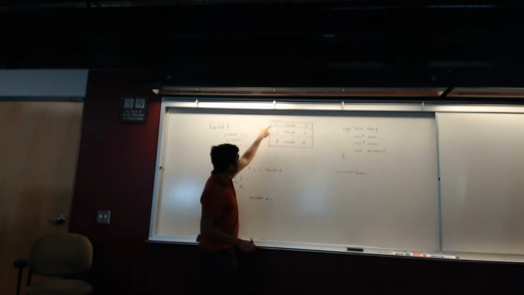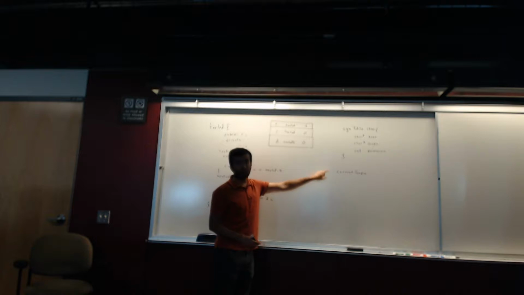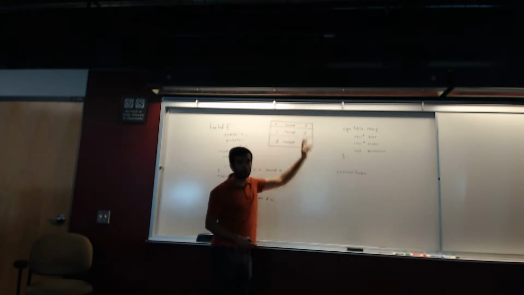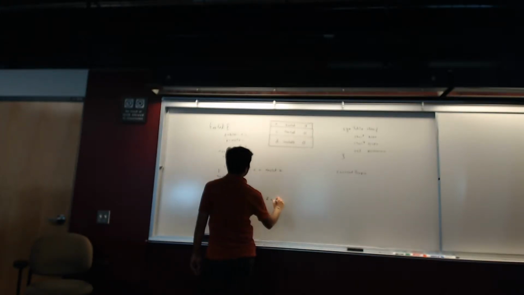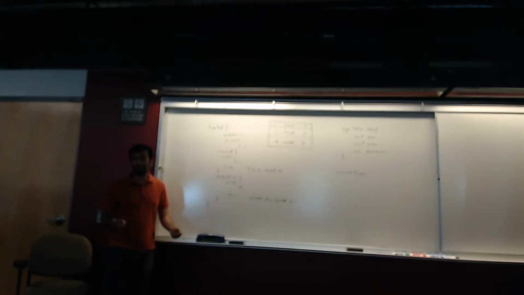So a has a scope of tested. It's different from my current scope. So if it's different, I will check the next number. Is it public or private? I see it's public, so I can write it here. So then what you do is you say tested dot a. That's it.